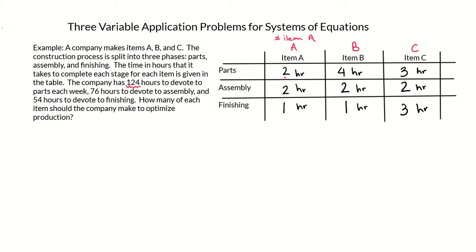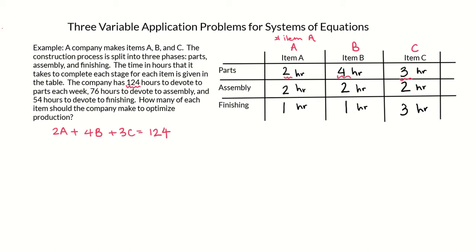So 2 times A plus 4 times B, since each item B takes 4 hours for this stage, plus 3 times item C is equal to the total time for parts construction of 124.